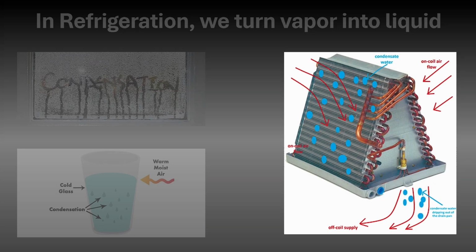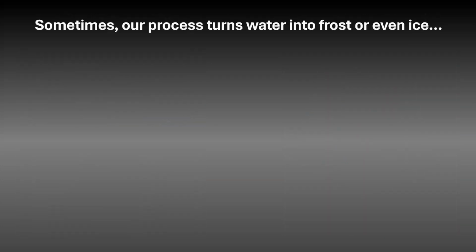So in refrigeration, this is exactly what's occurring. We have warm, moist air, water in vapor form, coming in contact with our cold coil surface area. That water then converts from vapor into liquid, and then this gray plastic drain pan you see drawn under our coil, that's going to collect the water and we have to kind of deal with it.